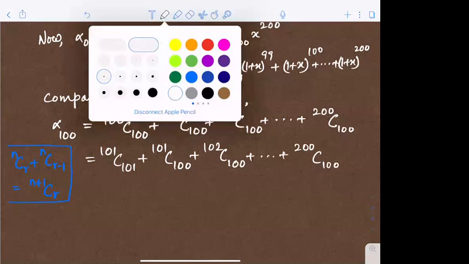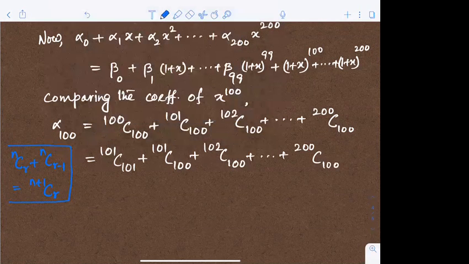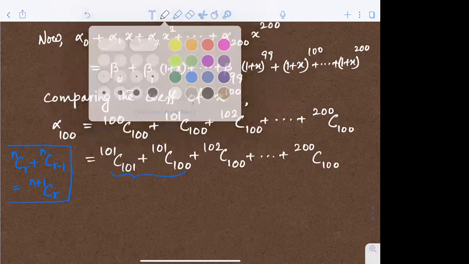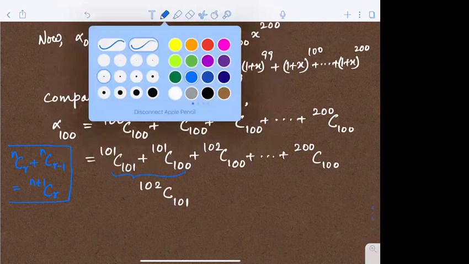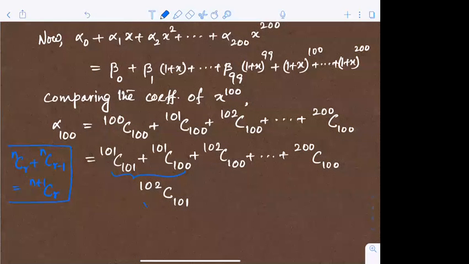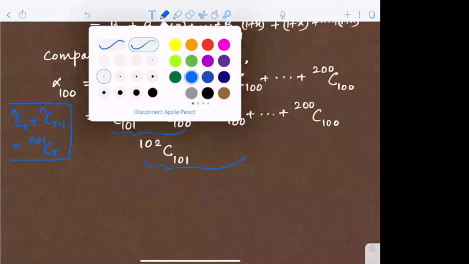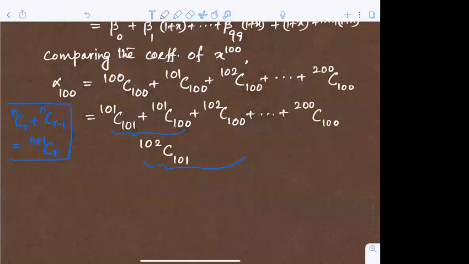Now, if you look at this, these two terms added together will give 102C101. Now that term with the next term will give what? 102C101, like this.